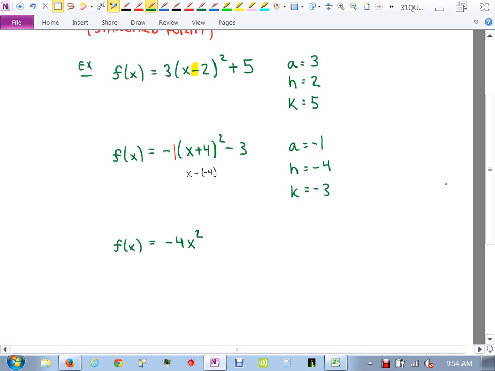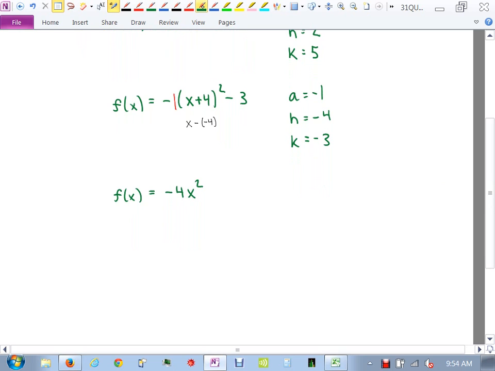Is that a quadratic function in standard form? Officially. It's a little tricky. Do you agree with this? Is that the same thing? Yeah? Okay, do you agree with this?